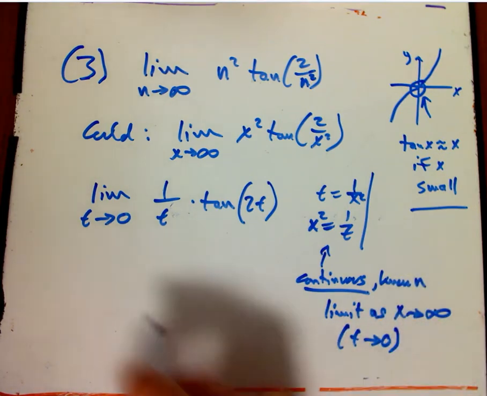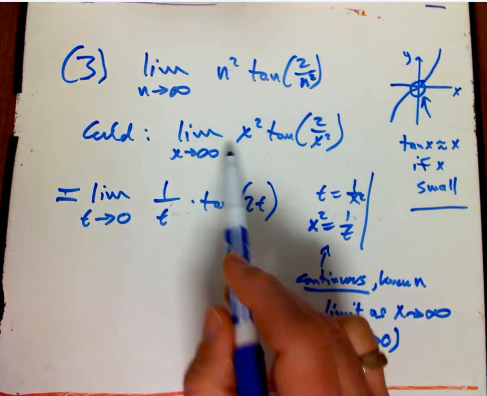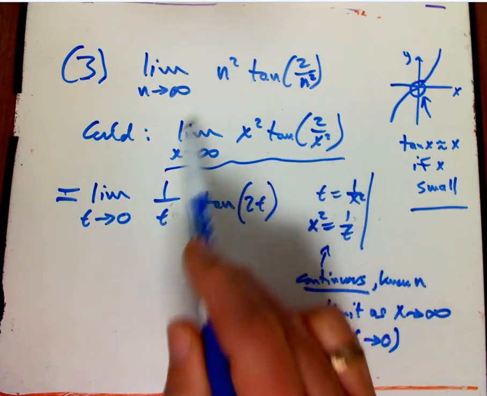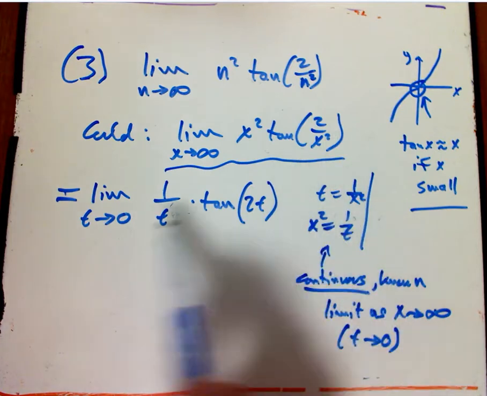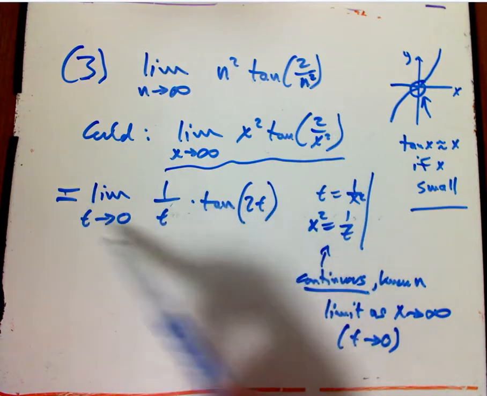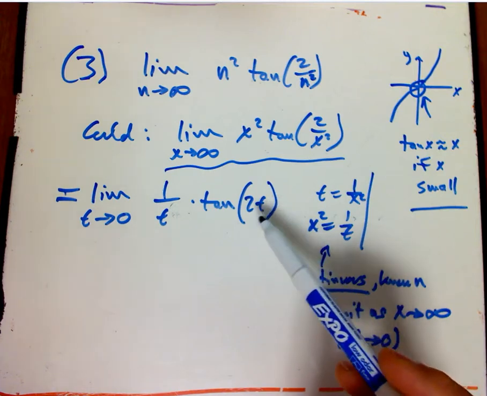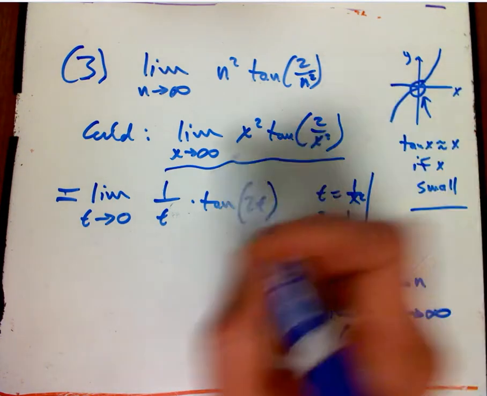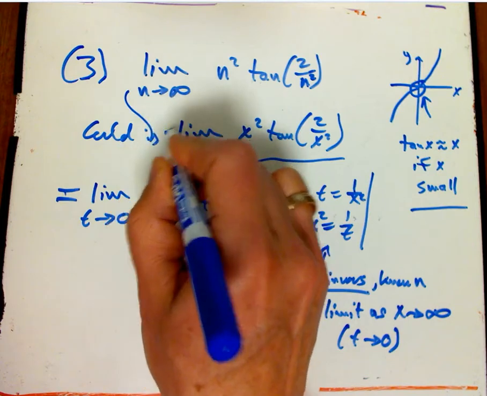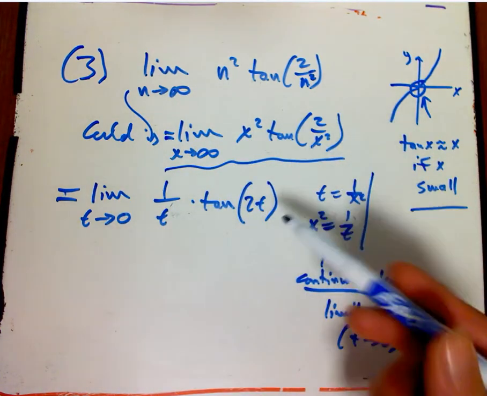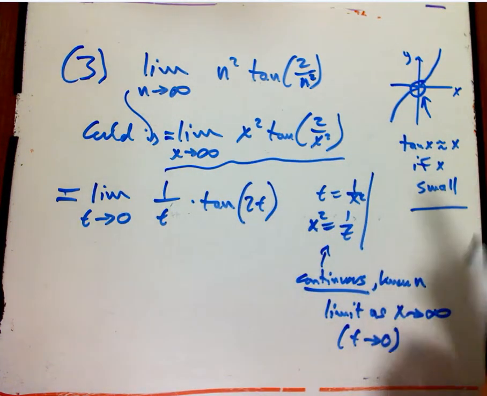So this is just going to be equal to that. This is something we could do even if we were interested in this as a real variable. This is a good technique to make the L'Hopital story simpler. We're still going to do that in a second, but it's going to be simpler. And since this is equal to this guy, it's going to tell us whether it converges and what it converges to. And our strong guess is it's equal to 2.